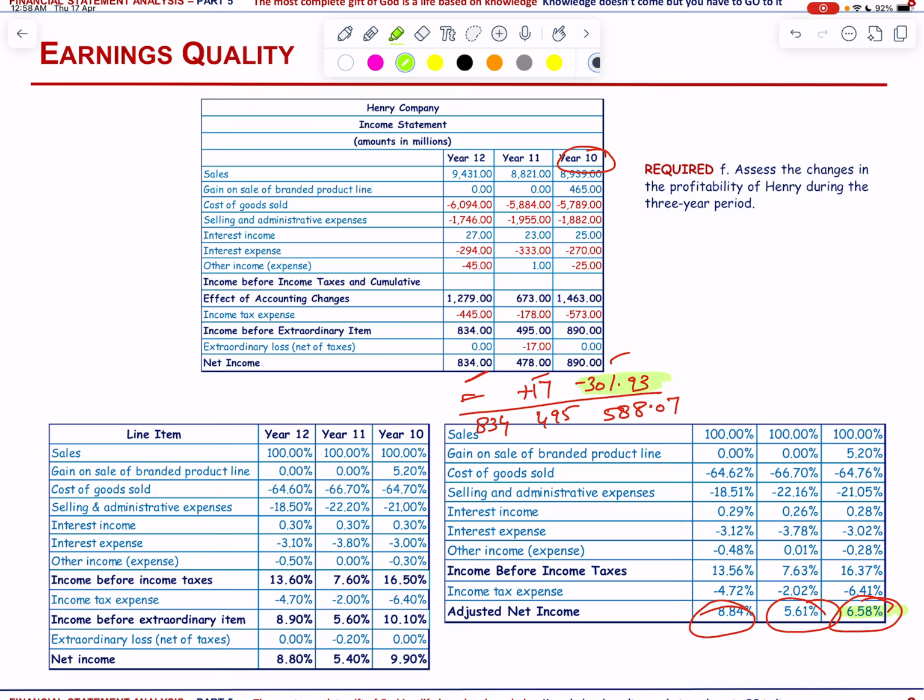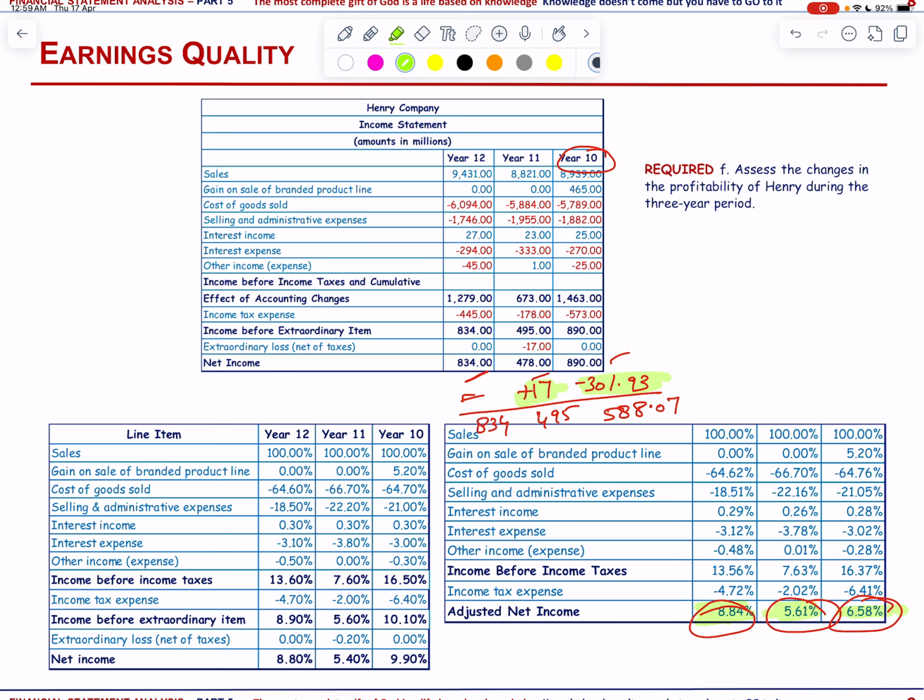In the year 11, that is the weakest year, you can see 5.61. Even with the adjustment, we have added back 17 million. But in the year 12, it shows clear operational improvement, 8.84, which is the highest adjusted margin.